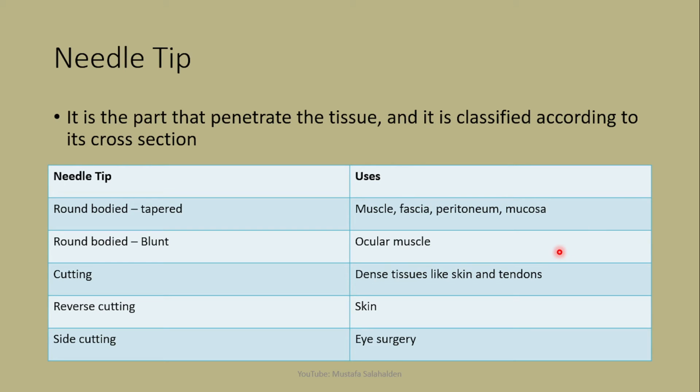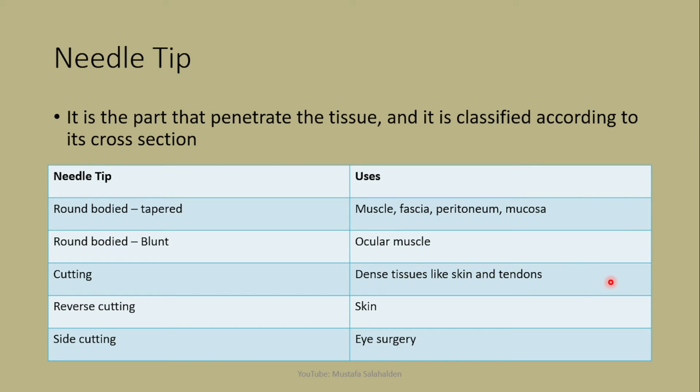And we have the round bodied, meaning the cross section is circular, and it has a blunt point. And this is used for ocular muscles and for friable tissues also.